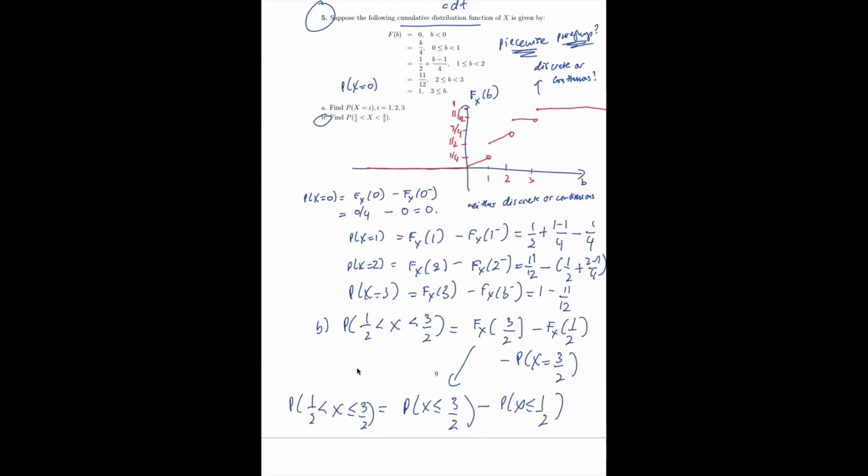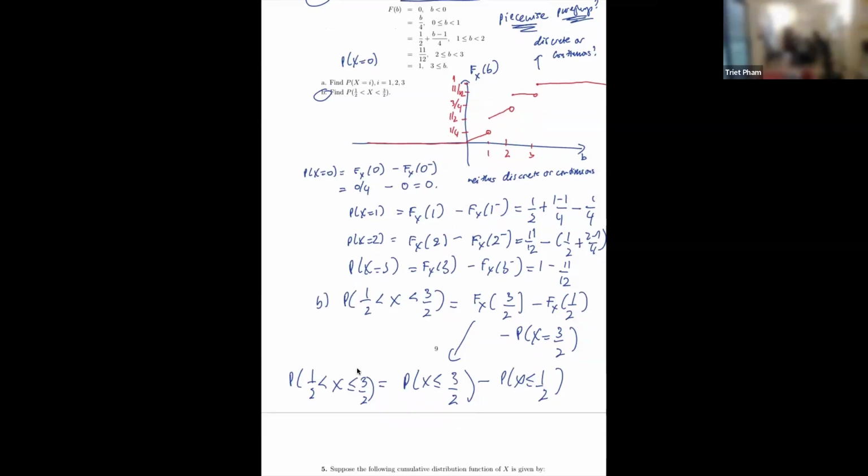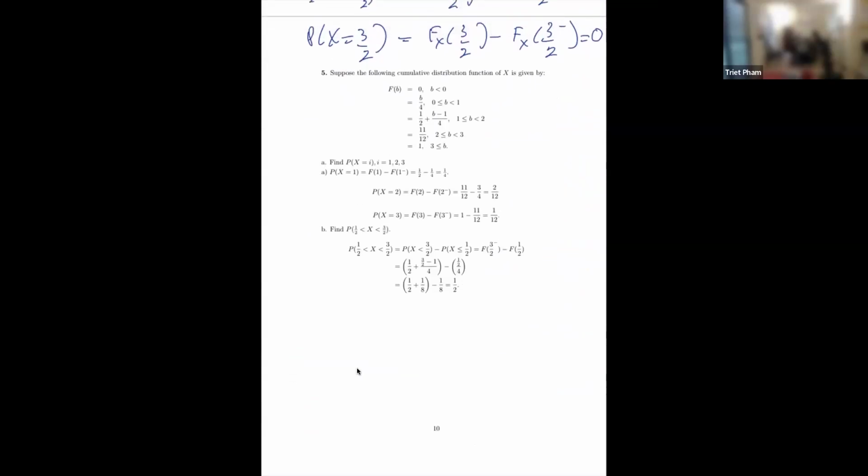Wouldn't it be 0 since it's on the continuous line there? That's correct. If you want, it's f of 3/2 minus f of 3/2 minus, but 3/2 is here, and the value of the function and the left limit would be equal, so that's 0. And so if you plug in, you'll get what they are.